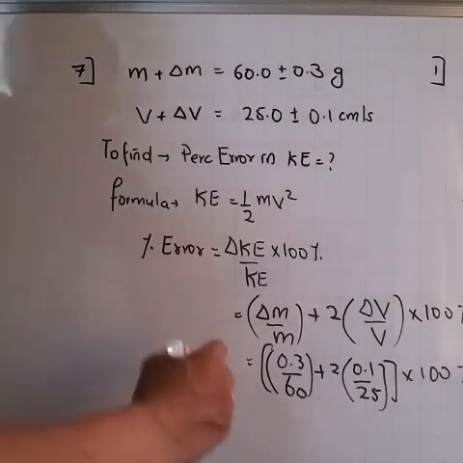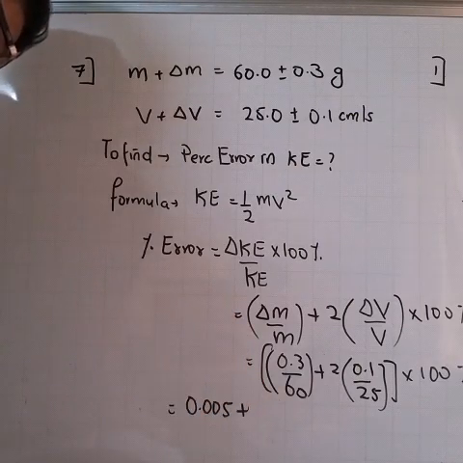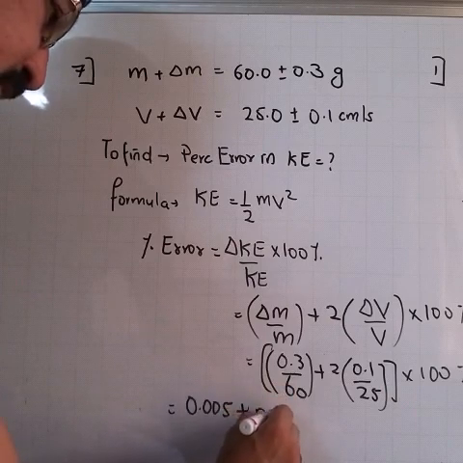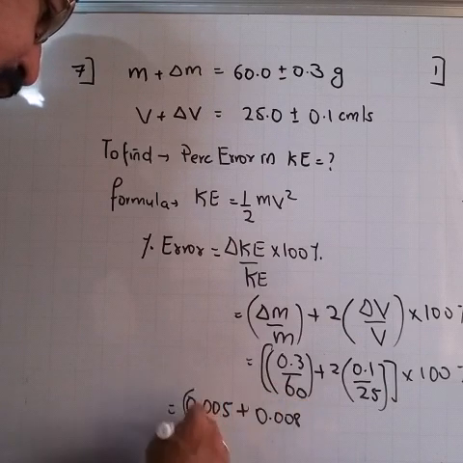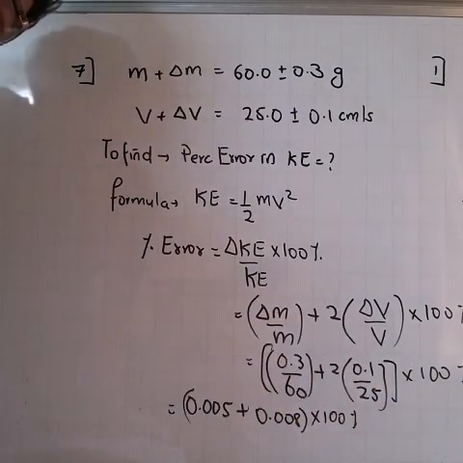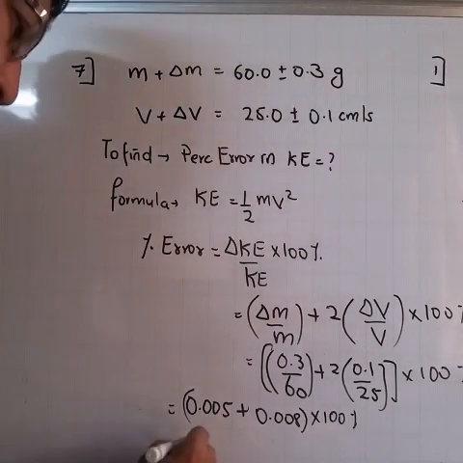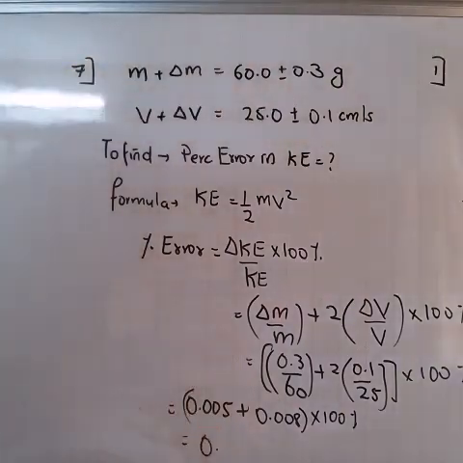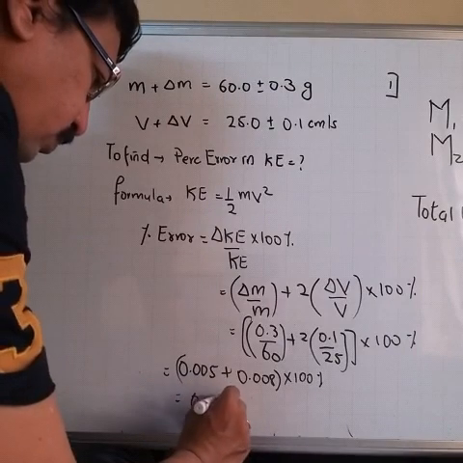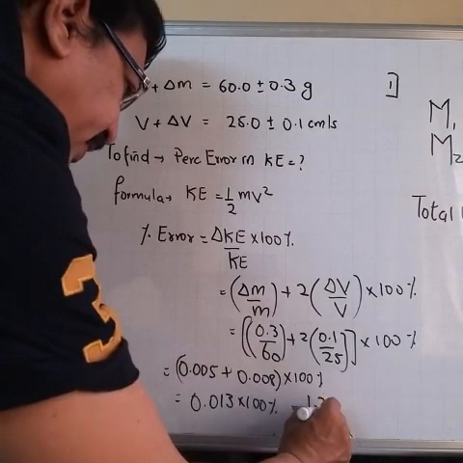What you get here? The values you get 0.005 plus 0.008. The whole thing multiply by 100%, which comes out to be 0.013 into 100%, or simply 1.3%.